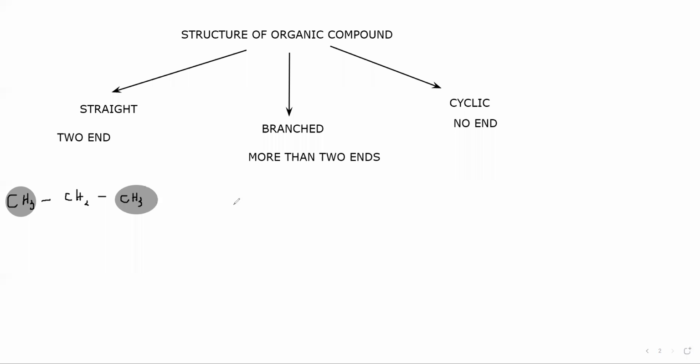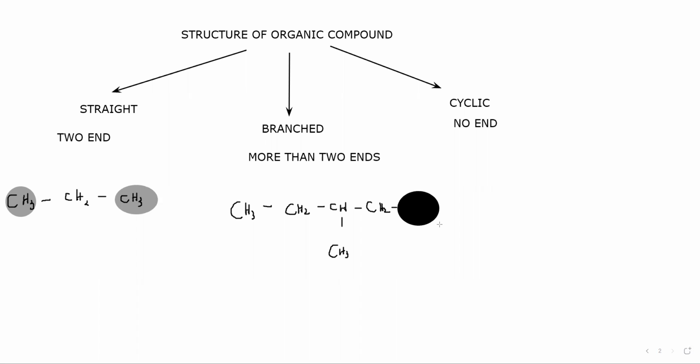But if there are more than two ends, for example, you have CH3, CH2, CH, CH3, CH2, CH3. So how many ends are there for this structure?